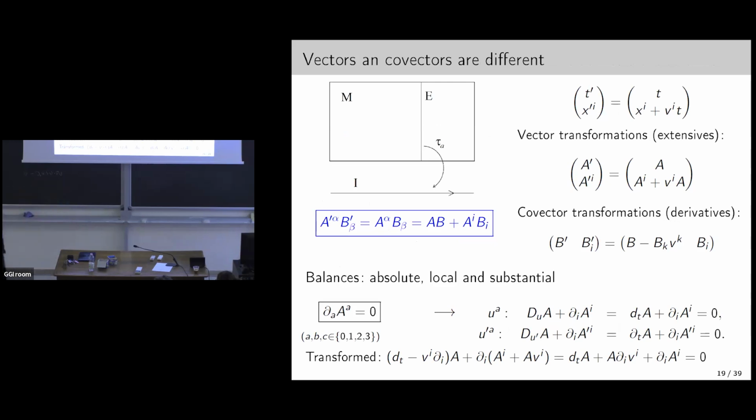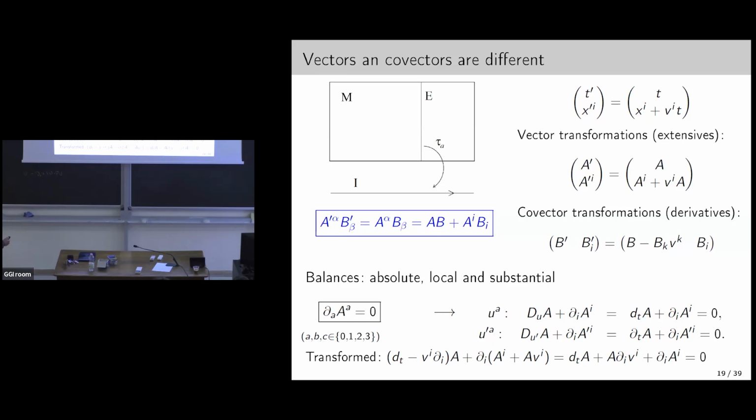Because this is 4-dimensional, and actually Galilean, the Galilean transformation of 4-vectors and covectors are consequences of the structure. So this is the transformation. This is the property due to the absolute time, which doesn't transform.